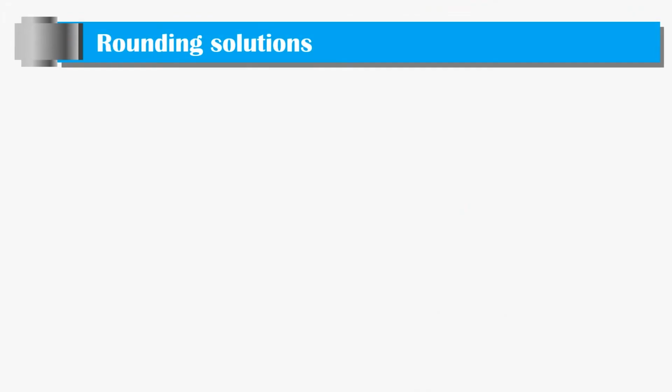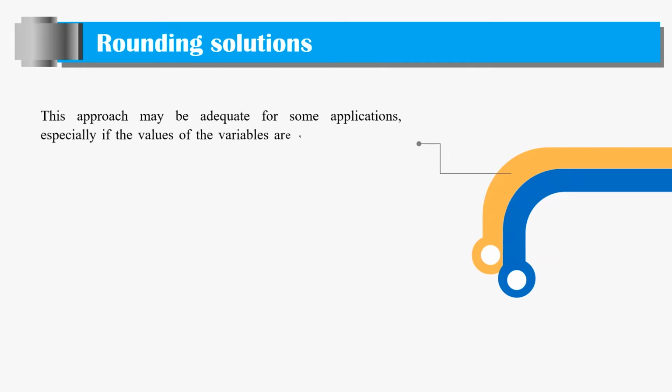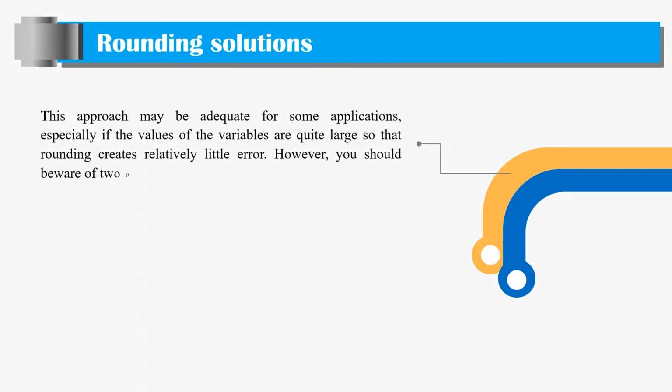Now we see rounding solutions. This approach may be adequate for some applications, especially if the values of variables are quite large, so that rounding creates relatively little error. However, you should beware of two pitfalls involved in this approach.